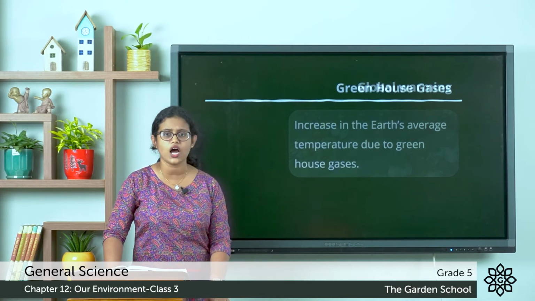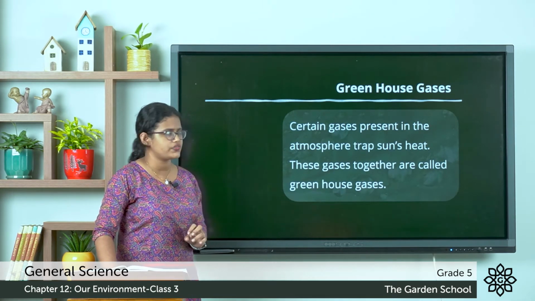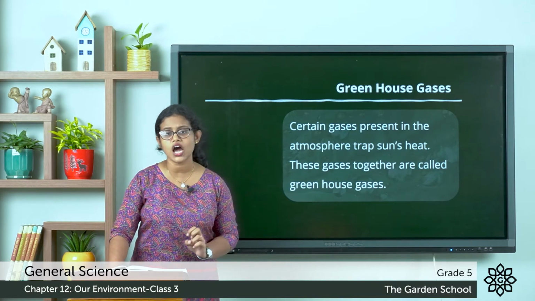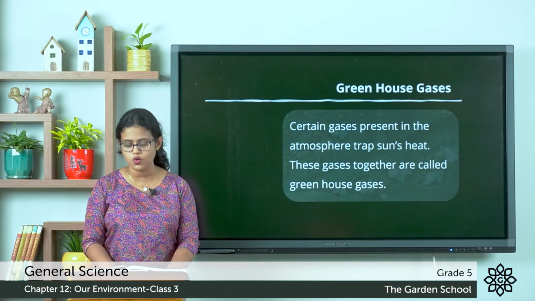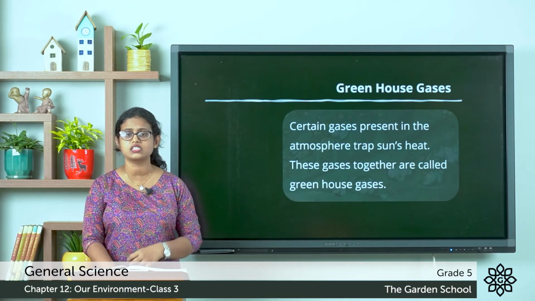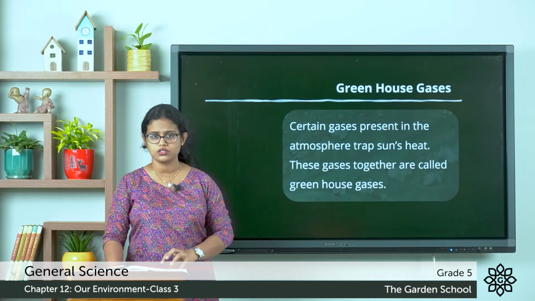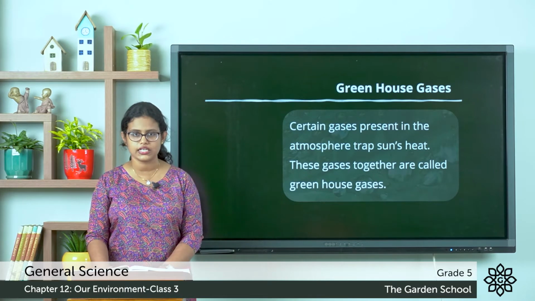So what are greenhouse gases? Certain gases present in the atmosphere trap the sun's heat. These gases together are called greenhouse gases. Scientists have found that certain gases present in the atmosphere trap the sun's heat, and we call them greenhouse gases.